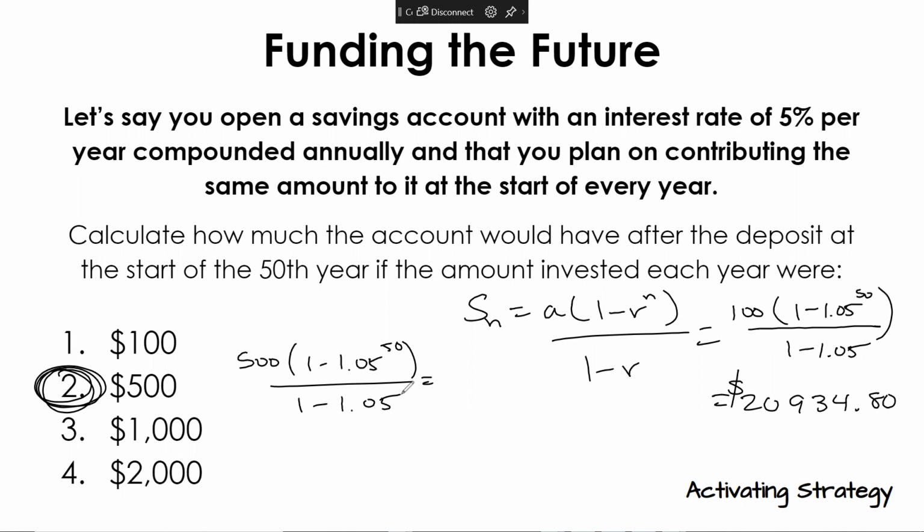So if we plug in 500 instead of 100, we're going to get 104,373 point something. We'll just say 99. So the more that we're investing, the more we're making, right?